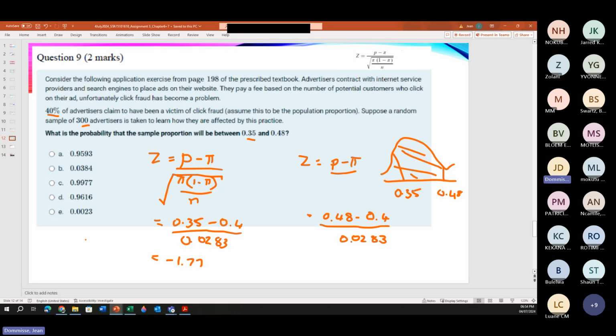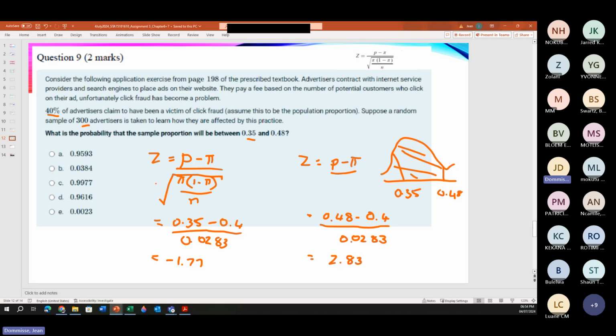Okay. And on this side, it feels like it's going to be a big number, 2.83.